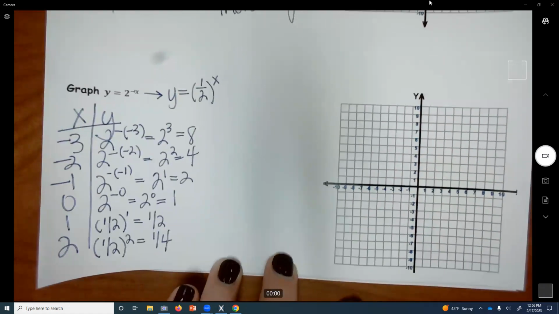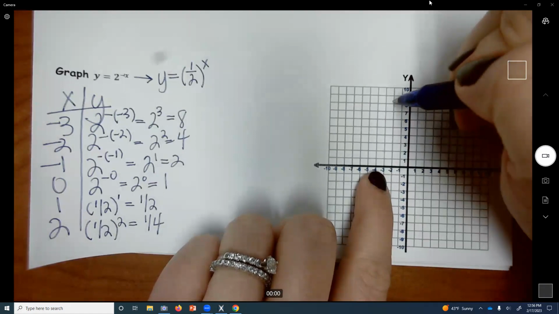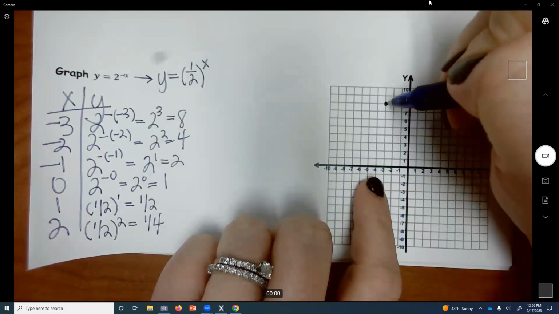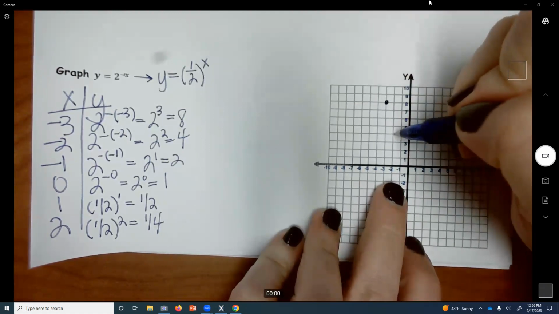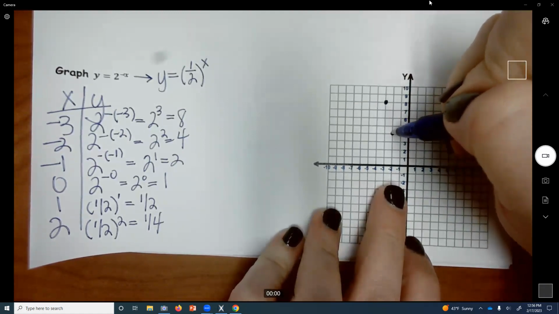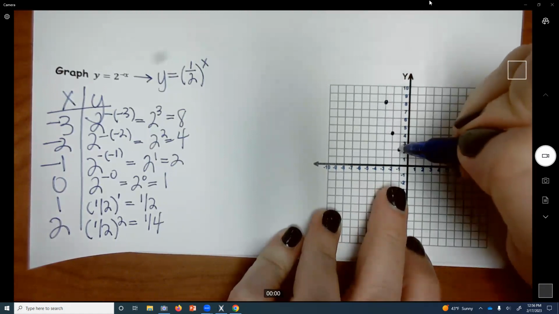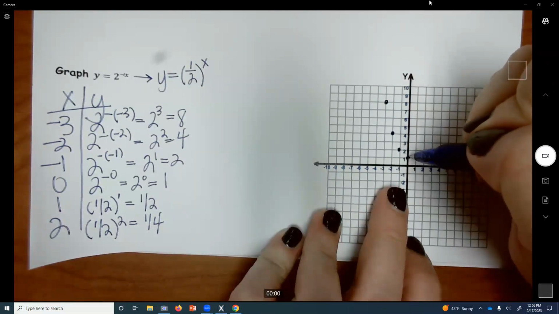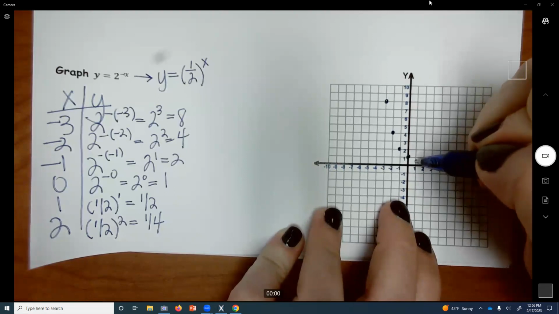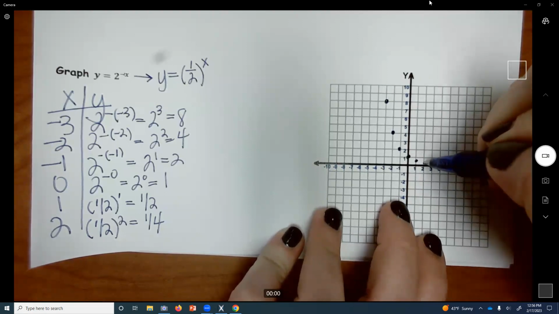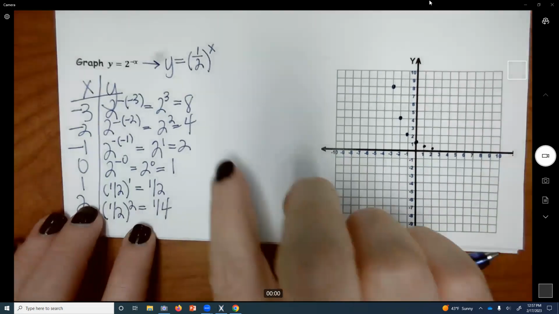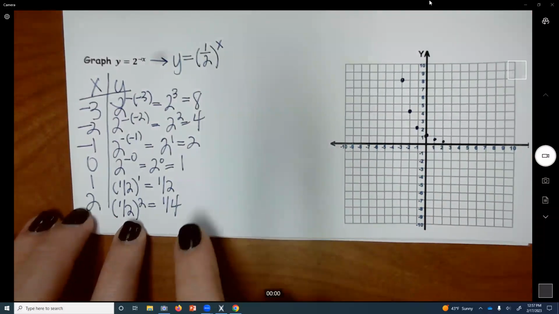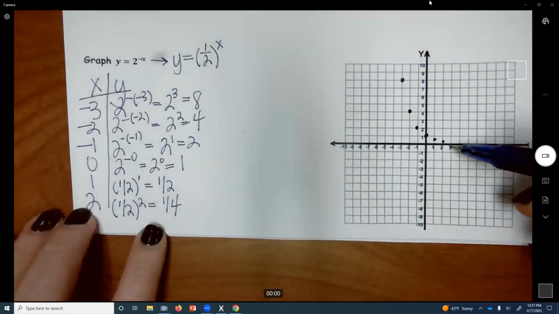So let's plot these points. We've got -3, 8. We have -2, 4. -1, 2. 0, 1. And then 1, 1/2 and 2, 1/4. Okay, so kind of like last time, if this is going to keep getting cut in half, you're just going to cut in half, cut in half, cut in half.